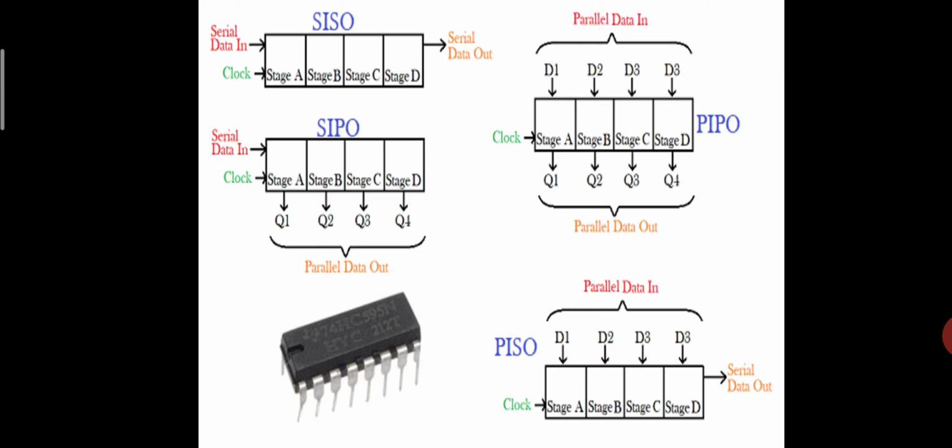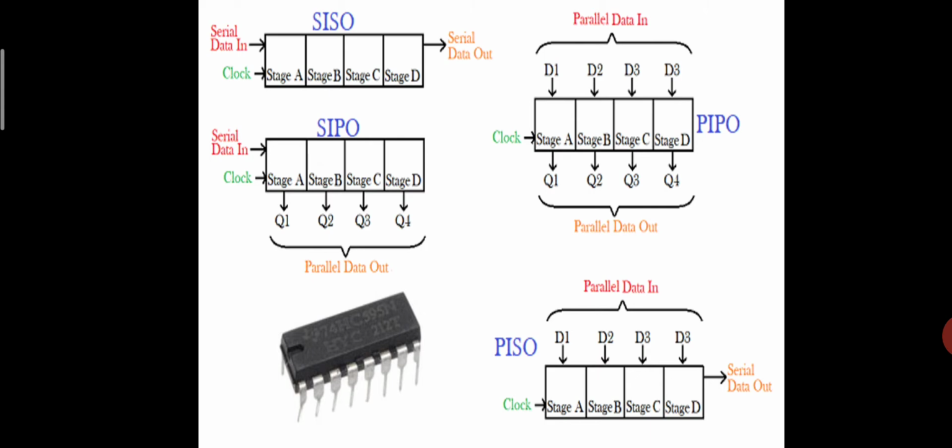In the case of SISO, we are feeding serial data in with the clock pulse. For each clock pulse, the serial data will shift from one flip flop to another flip flop. Stage A is the first flip flop, and stage D is the last flip flop. The data will shift from stage A to stage D. At stage D, we get the output.